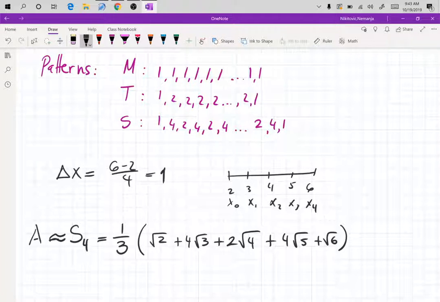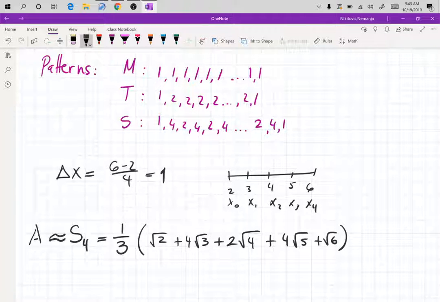Okay. So now we have 1/3 times square root of 2, plus 4 times square root of 3. 2 root 4 is just 4, so plus 4.